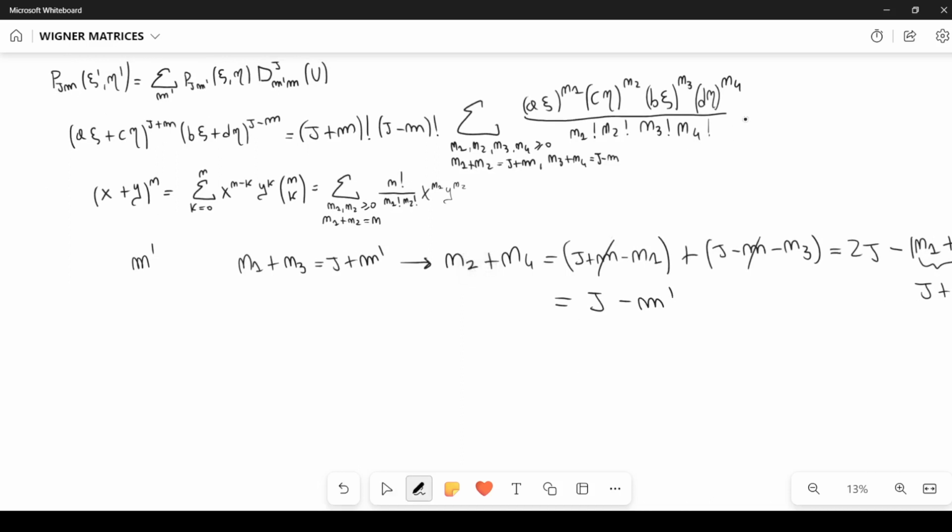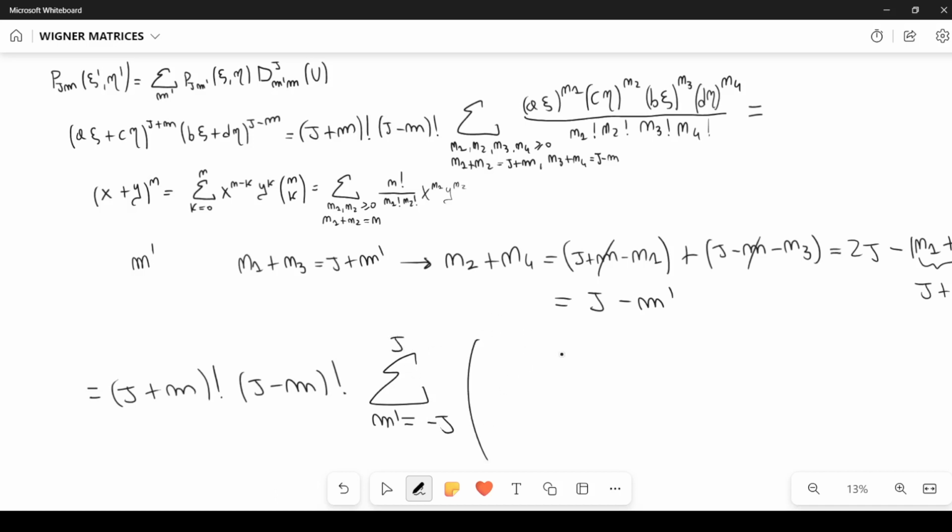So we can rewrite this formula in another fashion. I'm going to write it as j plus m factorial, j minus m factorial. Then we have a summation over m prime over all the possible values of m prime, which are minus j all the way up to j.